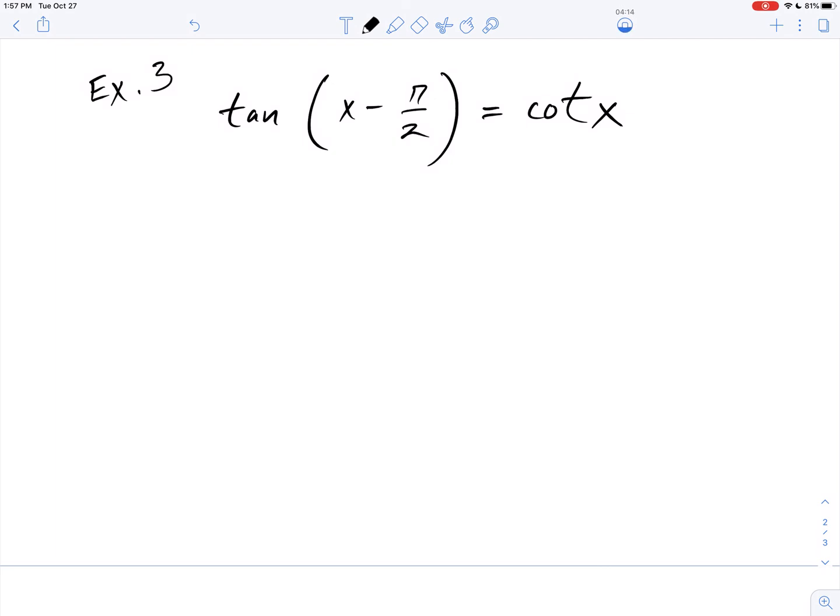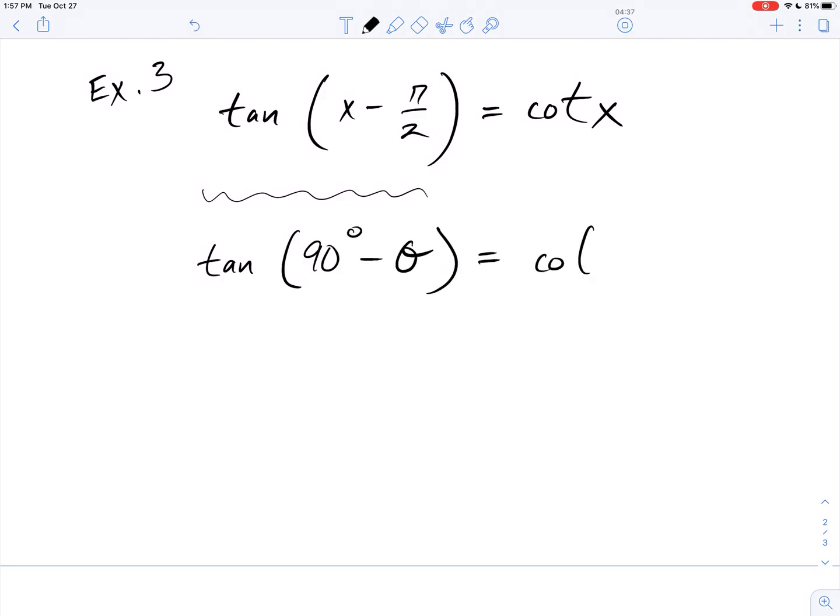Well, it's one or the other, I'll give you that. But here's why I think this one is sneaky. They're trying to be tricky. This looks like what we call a co-function identity. I think those were on page 207, the co-function identities. Those were the ones where they said, like, tangent of 90 minus theta equals cotangent theta, right?